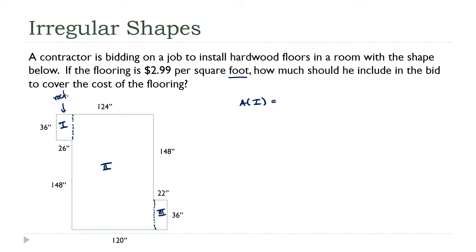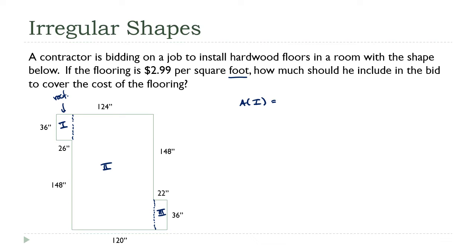We always need to have our units consistent throughout all of our calculations. So as I go along, I'm going to take all of these inches values and convert them to feet. And remember how we do that. There's 12 inches in a foot. So 36 inches would be 36 divided by 12 feet. 26 inches would be 26 divided by 12 feet, and so on.